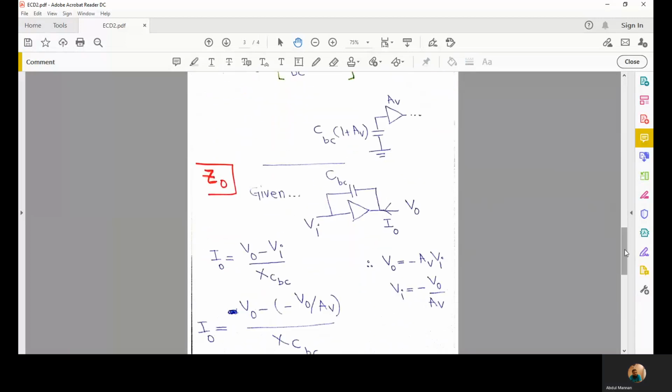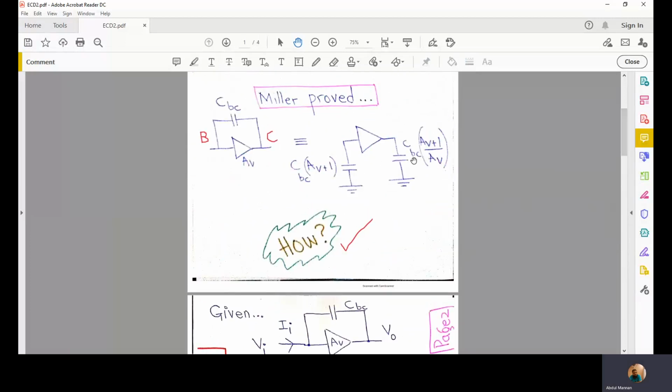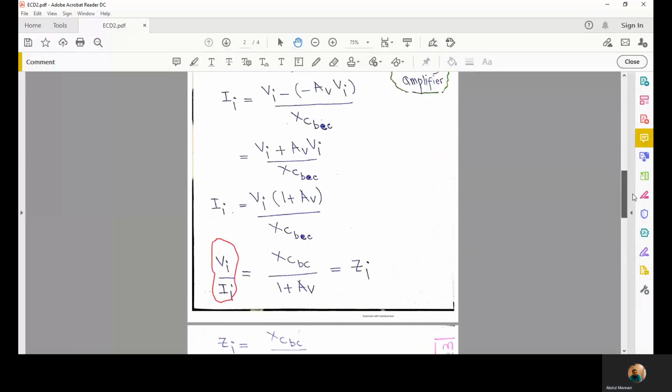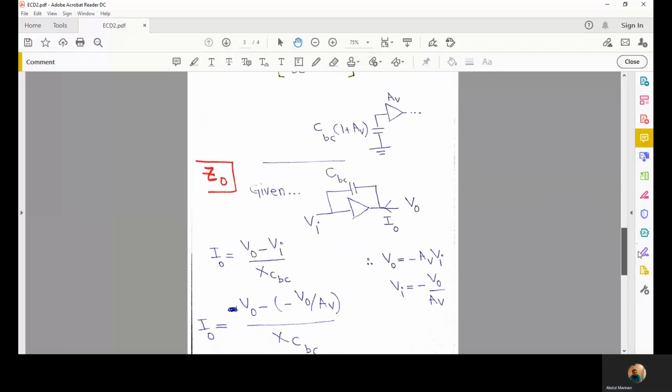And finally, what is the portion that is visible at the output? Miller told that it is CBC times (AV plus 1) over AV, and we are going to see how. What is Z out then?